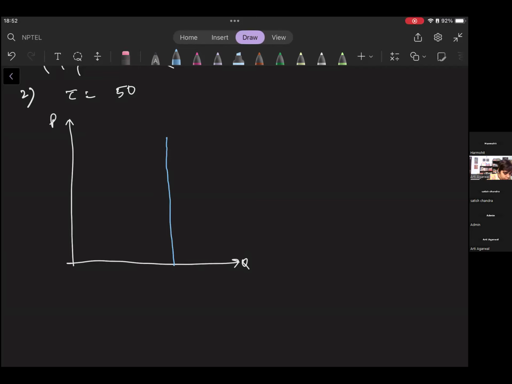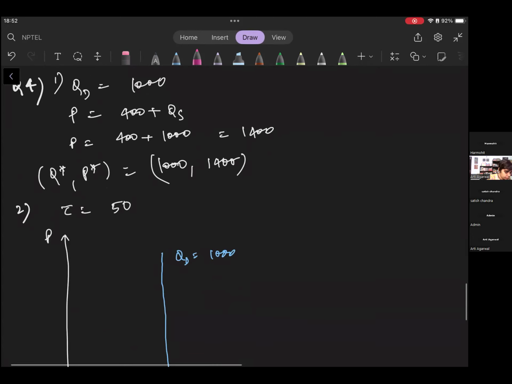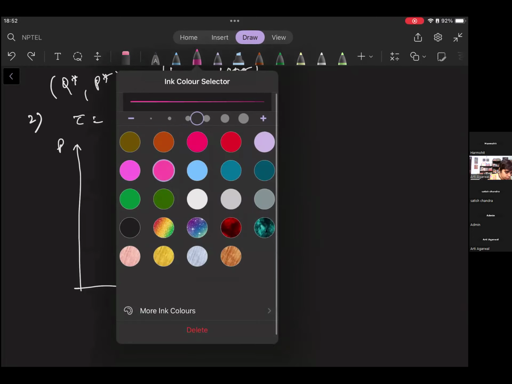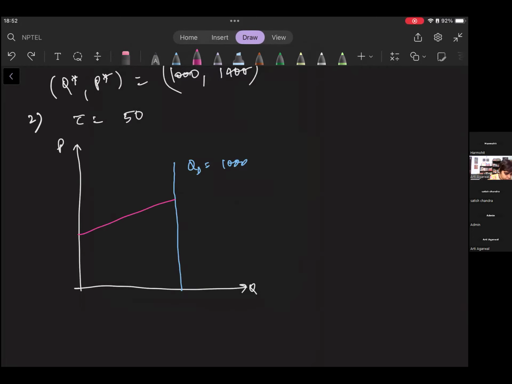This is what your demand curve looks like, right? And your supply is P equal to 400 plus QS. This is the supply.